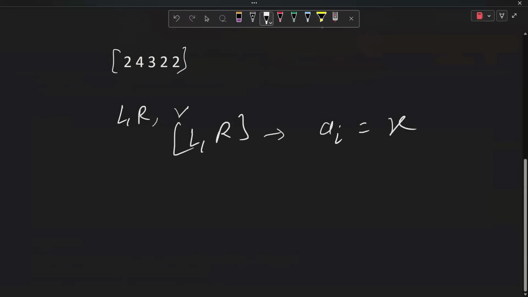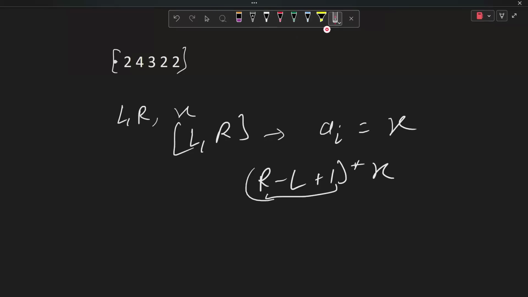We have to choose L, R, and an integer x. The cost of this is (R minus L plus 1) times x, which is the length of the range times x. So we can choose any subarray, any range from L to R.